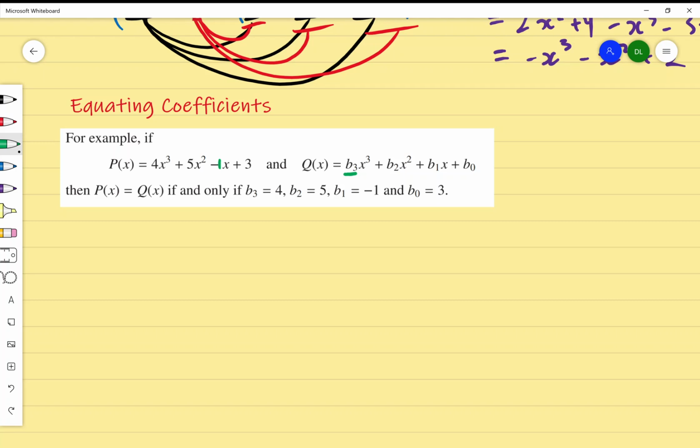Well, it's just going to be the number in the other polynomial. So reflecting it, well, that has to be that, right? So b3 has to be 4. What does b2 have to be? 5. Moving on, b1? Minus 1. And so forth.